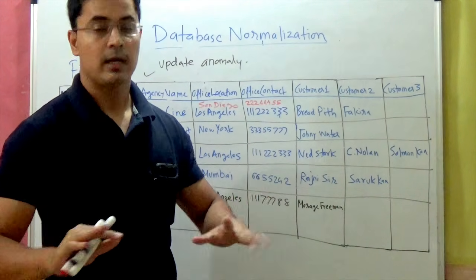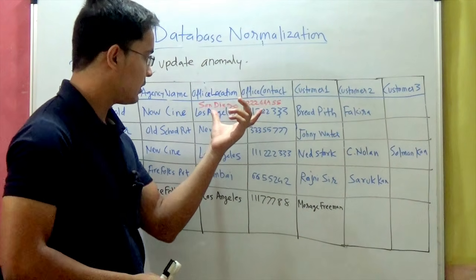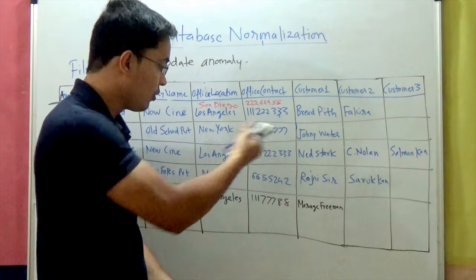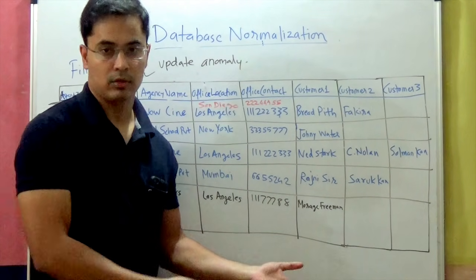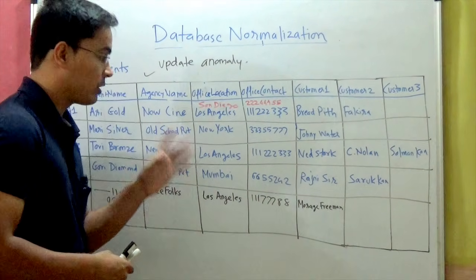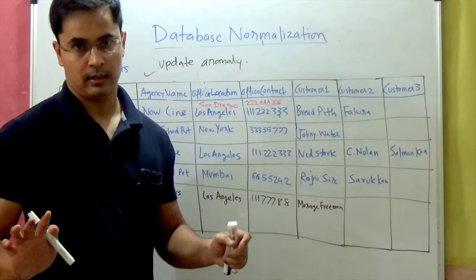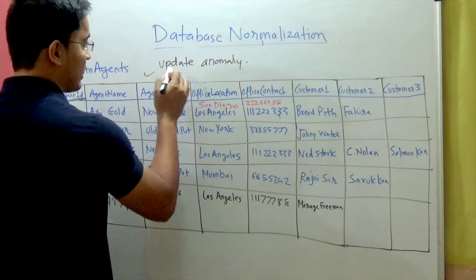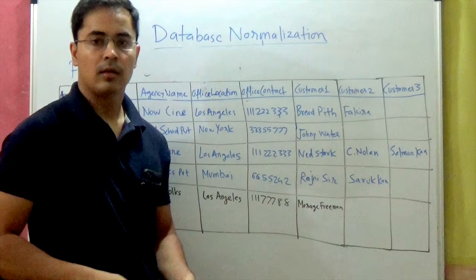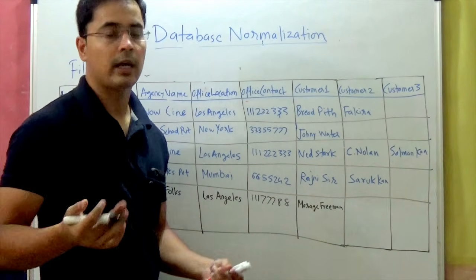If this new information gets updated in a few rows and not in the remaining rows, then the data will be in an inconsistent state. This is called update anomaly. This is arising because you have data redundancy.